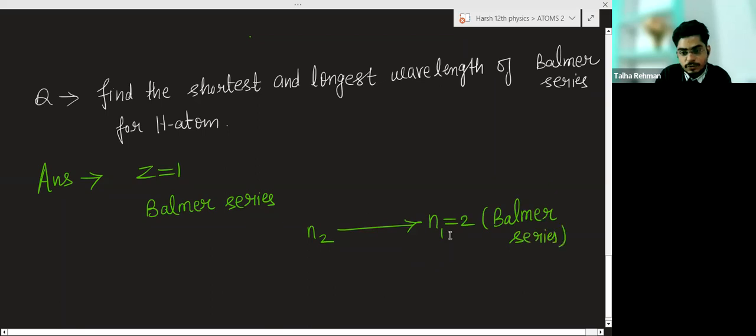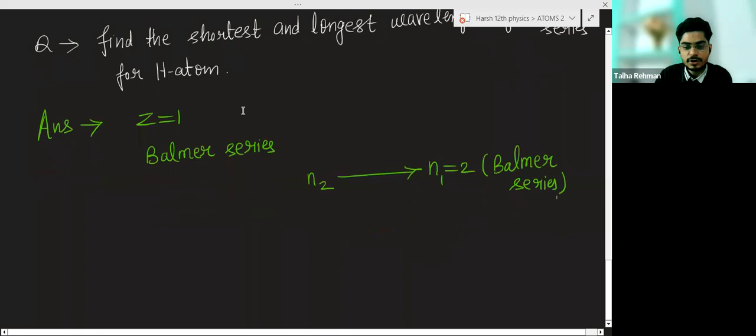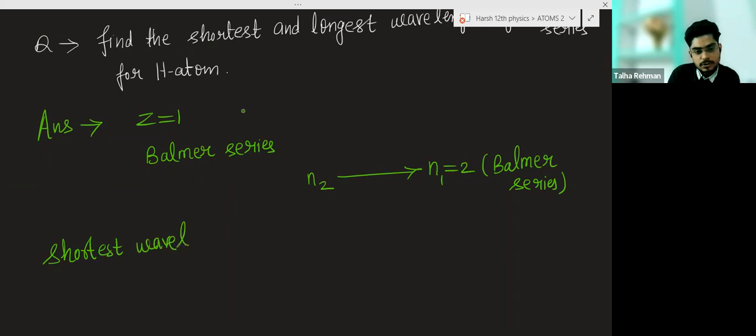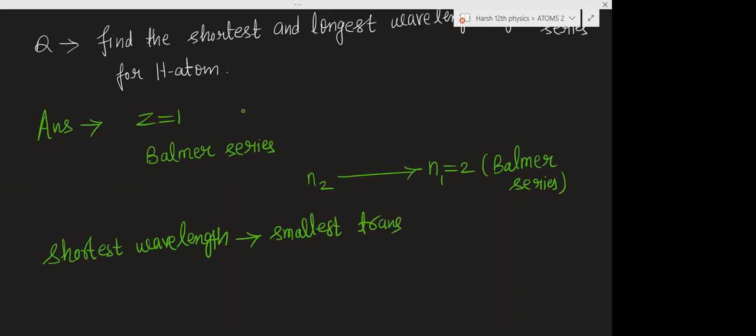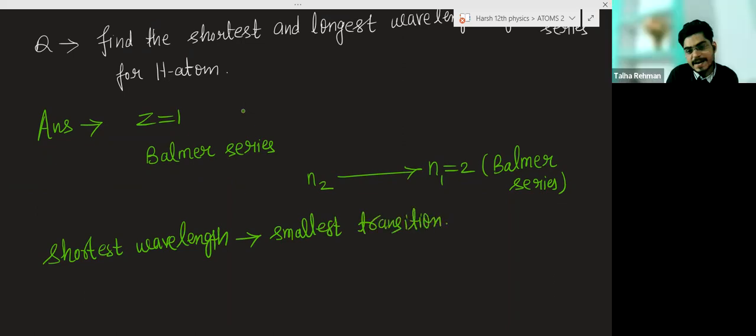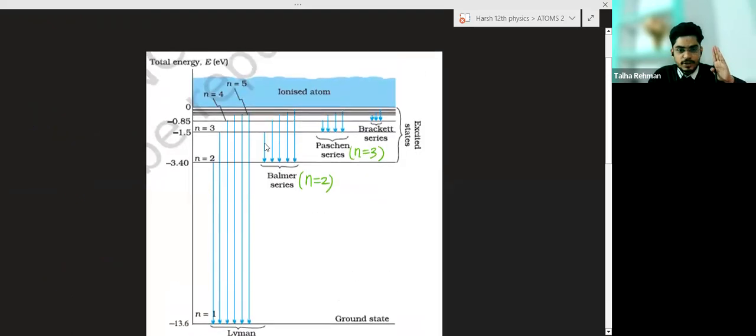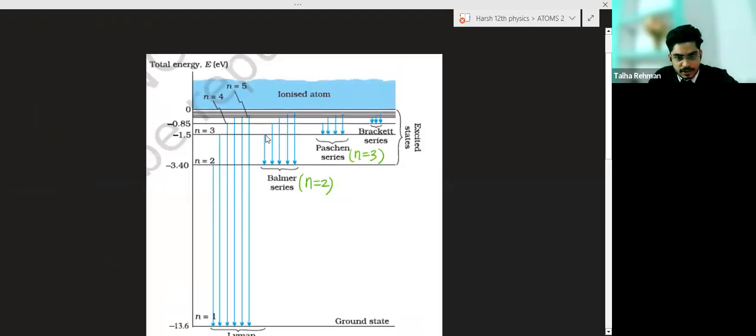Now, on the basis of this, we have to calculate the shortest and the longest wavelength. First see the shortest wavelength. We get the shortest wavelength when the transition is the smallest transition, meaning the change in energy should be smallest. For the Balmer series, the smallest transition is from n equal to 3 to n equal to 2.